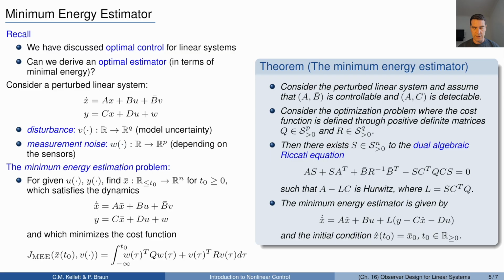then it can be shown that there exists a solution to the so-called dual algebraic Riccati equation stated over here, such that the matrix A minus LC is Hurwitz and L defined through the solution of the algebraic Riccati equation, giving us the minimum energy estimator of the form that we had before, meaning defined through this output injection term and a copy of the dynamics.